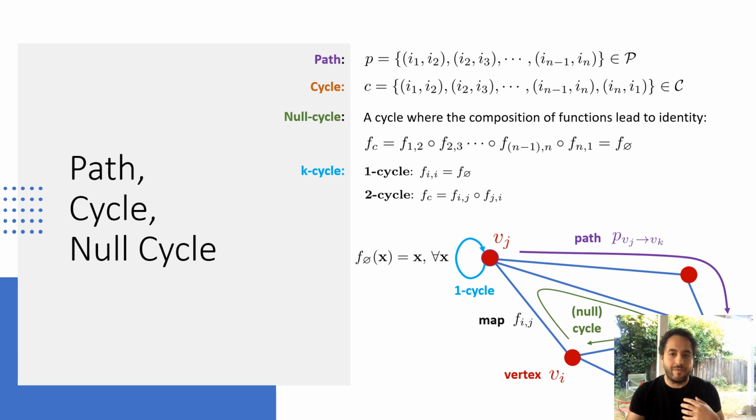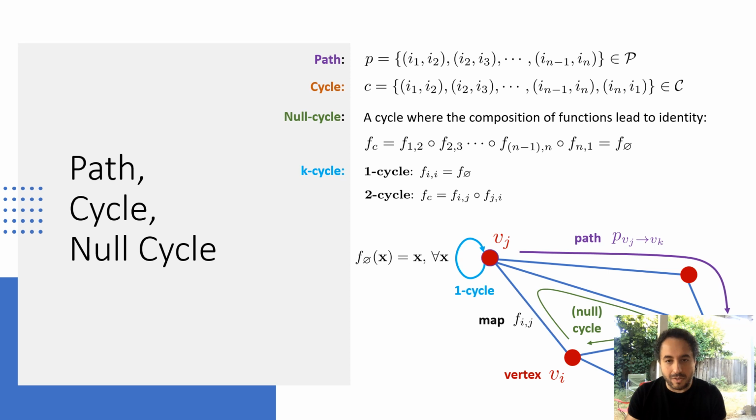So basically, I haven't done anything, right? I started from vertex 1, and then went to vertex 2, to 3, and then at the end I come back to 1, and if I chain all these transformations, they will just give me the null cycle, the null transformation.